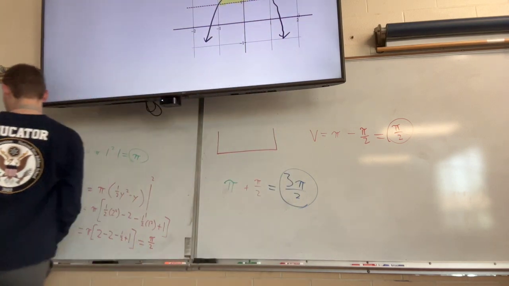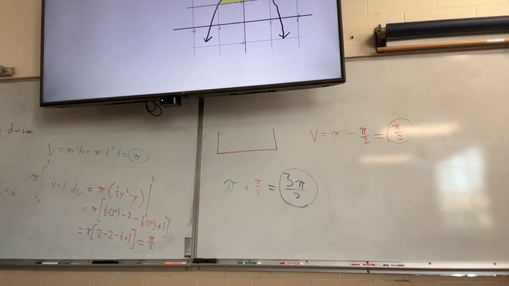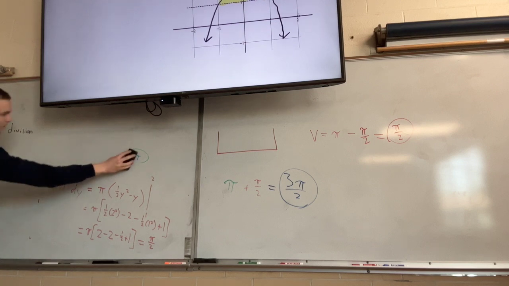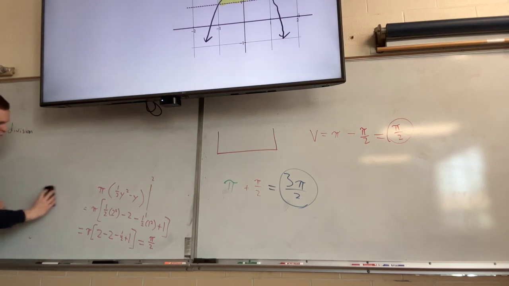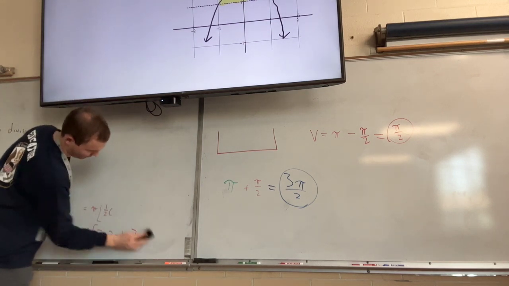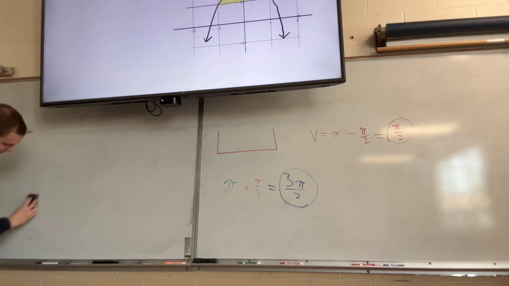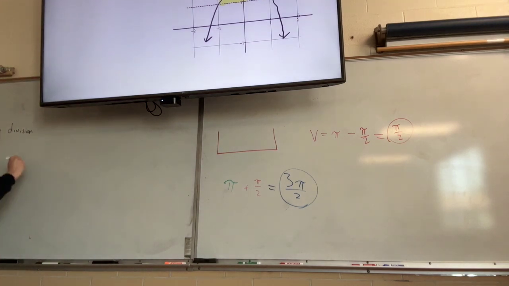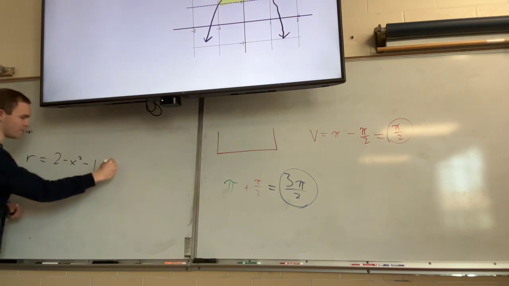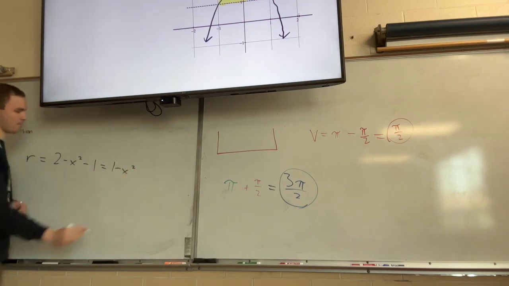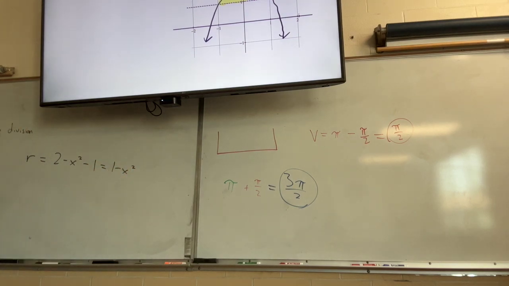Okay? So the radius of each circle is 2 minus x squared minus 1, which is 1 minus x squared. So that's the radius.